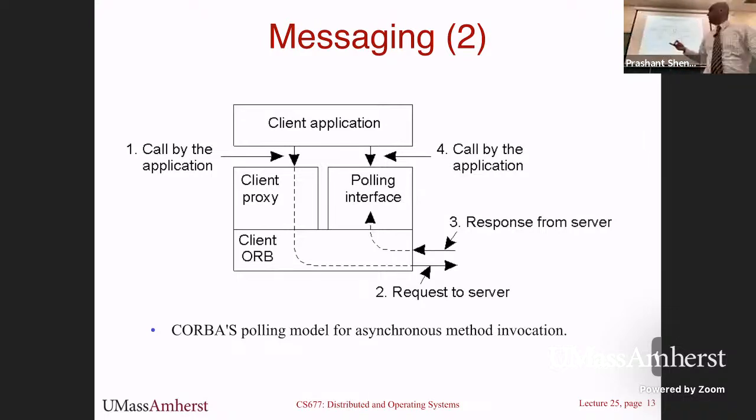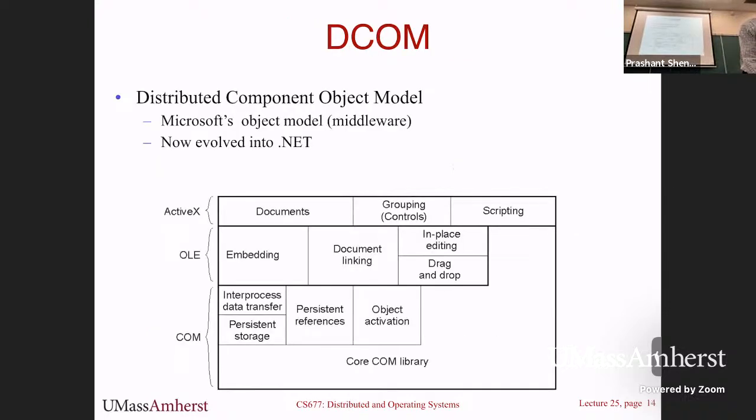Eventually the reply would have arrived, and then you're going to take delivery of that reply and process the results of your RPC. Both of these are approaches where you can use asynchronous RPCs, but not have to wait for the response and then get back a reply, either using callback or polling. Is that clear? Any questions on this? So that is Corba's asynchronous method invocation.